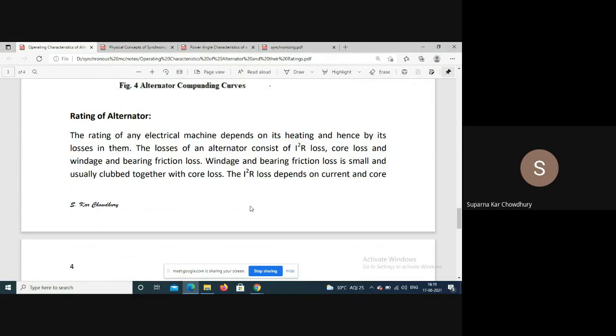I square R loss is directly proportional to the square of the current, whereas the core loss, which has two components, eddy loss and hysteresis loss, both depend on the voltage and frequency. Frequency remaining constant, it depends on the voltage. So core loss is dictated by the voltage, and I square R loss or copper loss is dictated by the current.